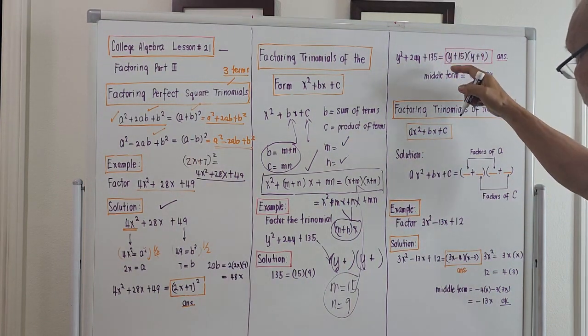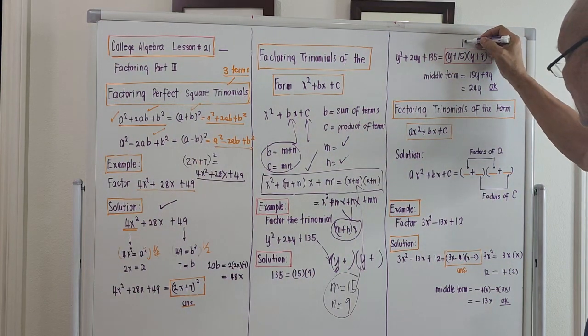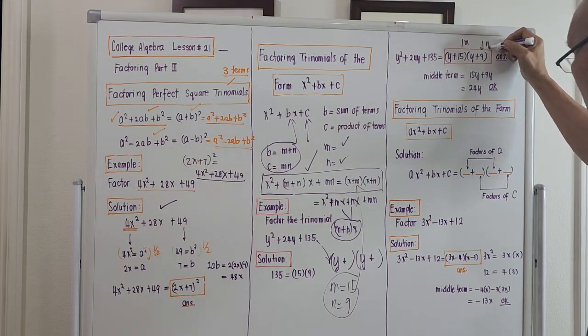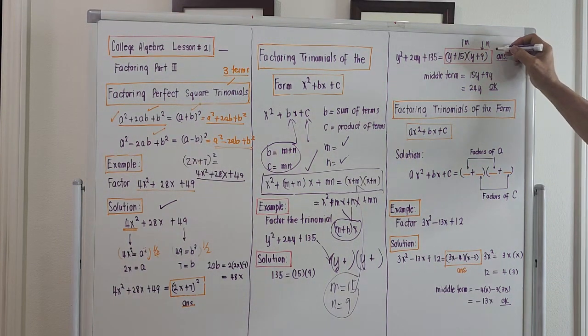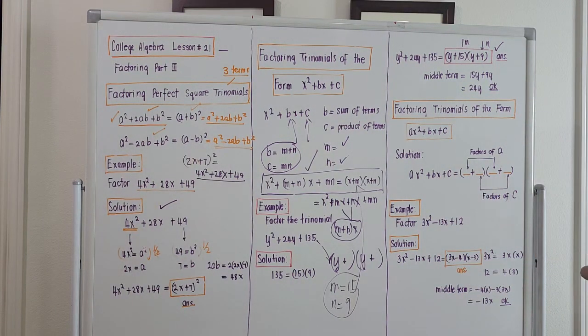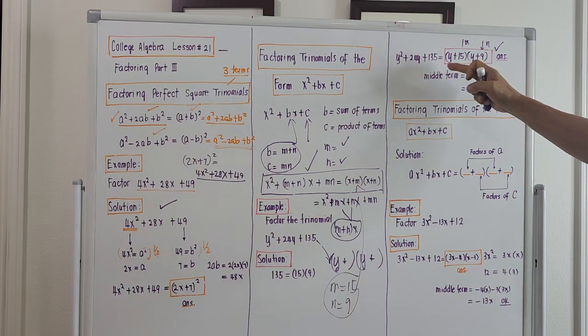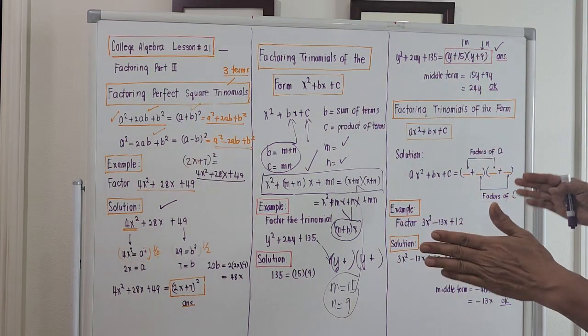The given variable here is y. This is actually m, and this is n, right? So this is now our final answer. We check the middle term to see if it is correct, because if we check the middle term and it is wrong, then the answer would be wrong.